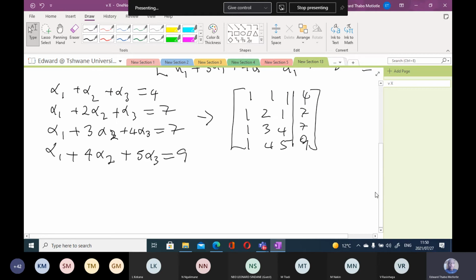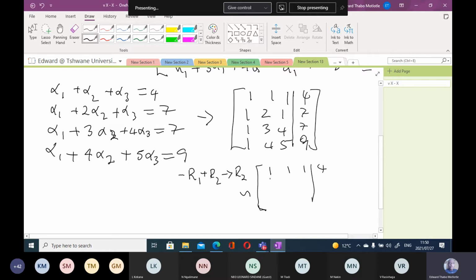For this one, I think it will be easy because you can see we have ones. So I'm going to start with the first one. Row 1 plus row 2 gives you row 2, and we do that operation. This means it's equivalent, so the first one we keep, we don't touch it.